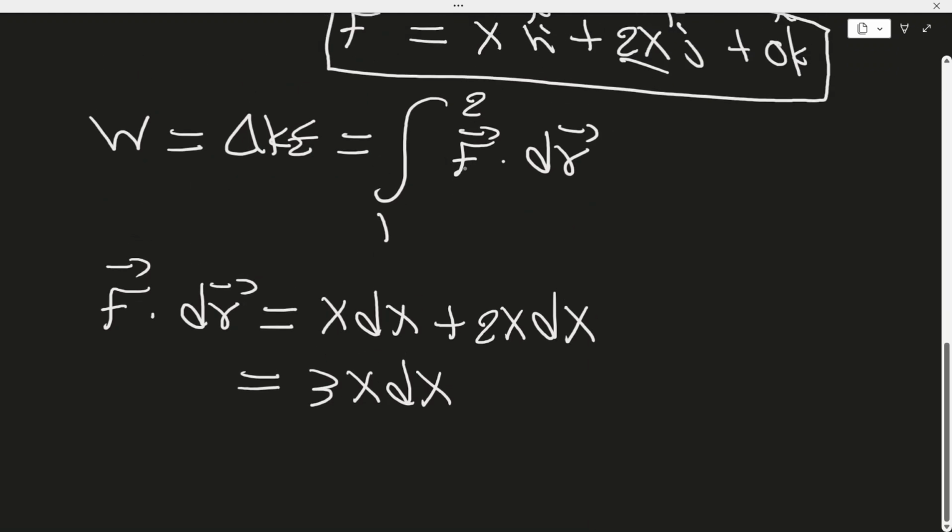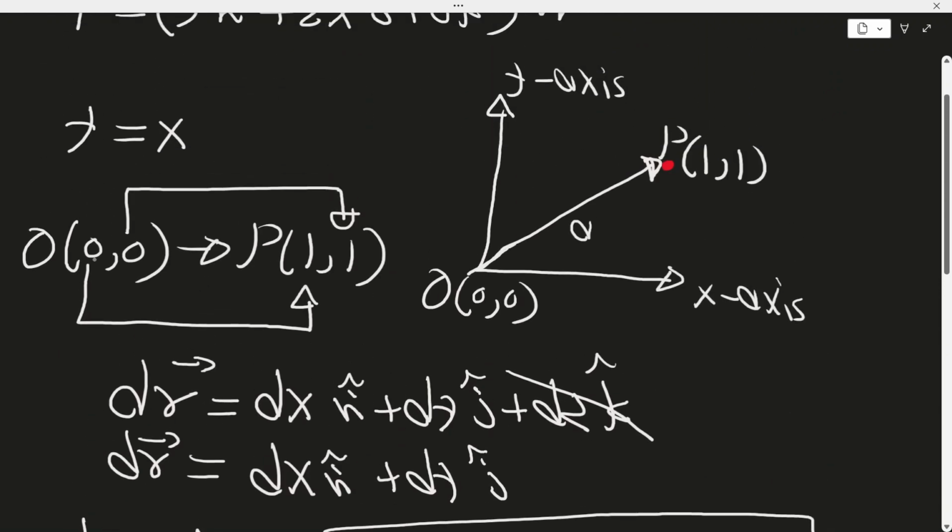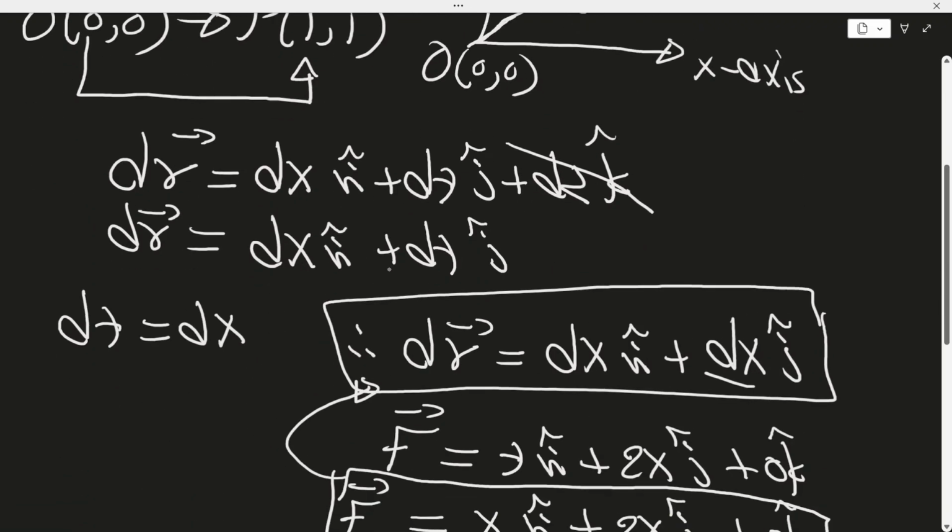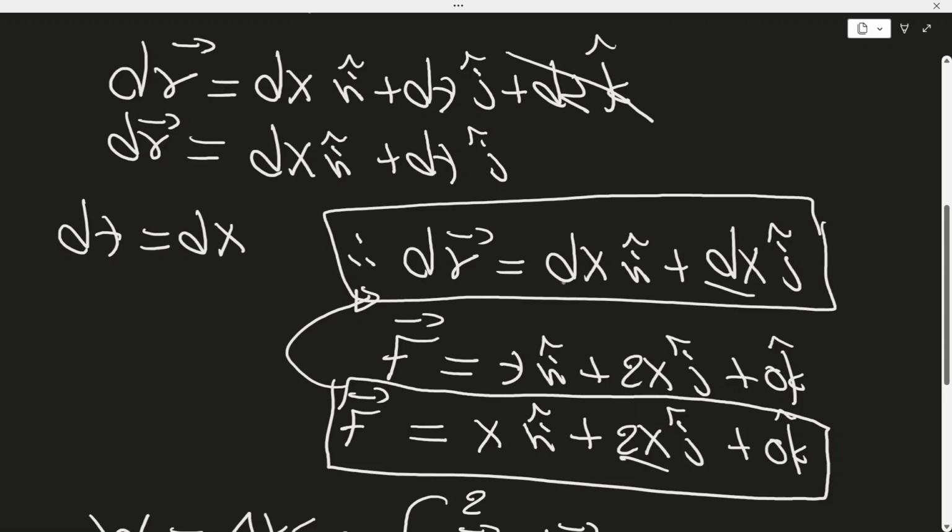The limits of the integral go from 0 to 1 because it's only dependent on x, and we know from the origin to point P, we are only moving from 0 to 1. We are only interested in x because we expressed our dr, or the path, in terms of x.